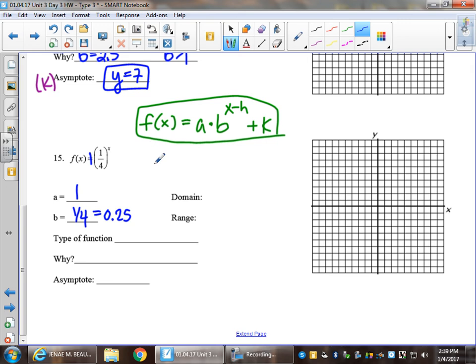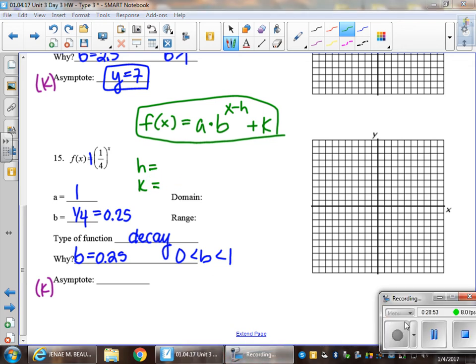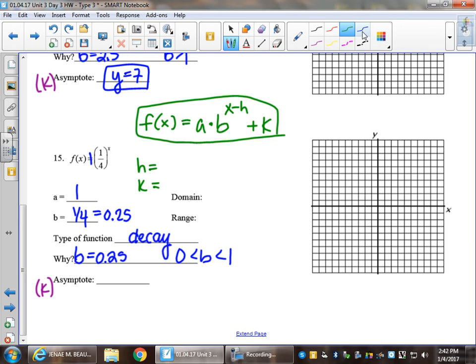That tells me that this is going to be decay. My reasoning is that B equals 0.25. That value for B is between 0 and 1. My asymptote comes from K. And just to practice, let's say, what's H and what's K? Take a second, decide what's H and what's K. Here, H is 0 and K is 0.